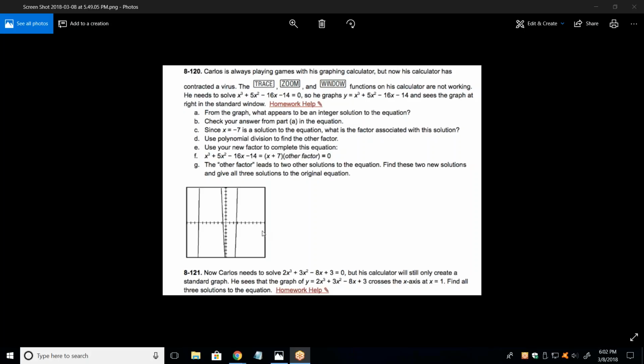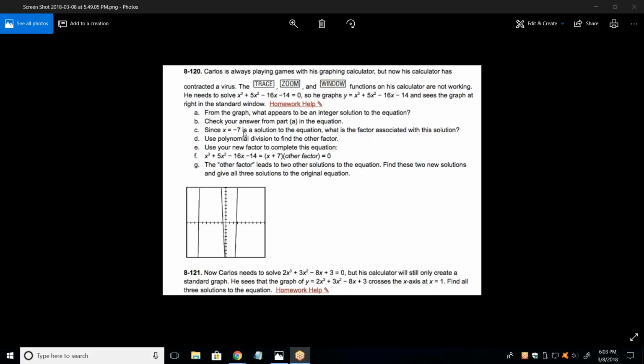Well, the other thing on this graph is it doesn't have a grid line marked up, so I can't tell how many each grid is, but from number C, it's clear that every grid mark is 10 units. You see why? Because they're telling you that x equals -7 is a solution.